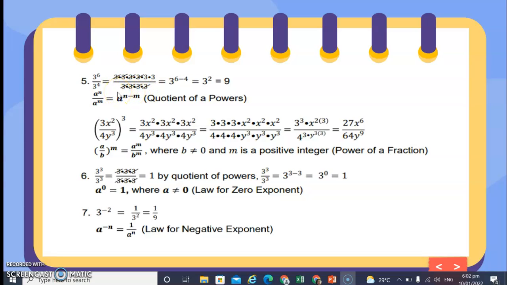So since this is division, we cancel out those nga may partner. So we cancel kung ano may partner. So may duwa kita kabilin. Okay, so we multiply ta na 3 times 3, we get already the answer which is 9.